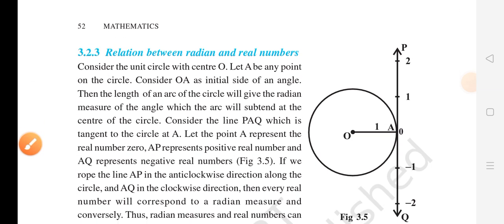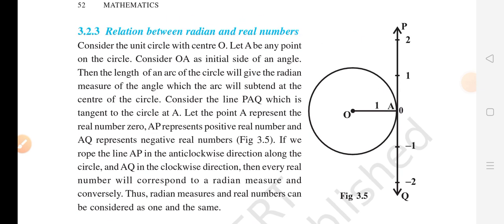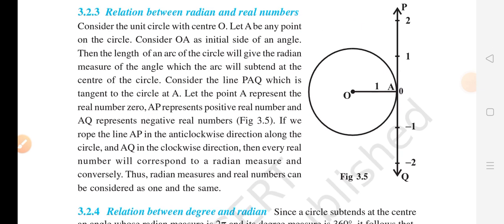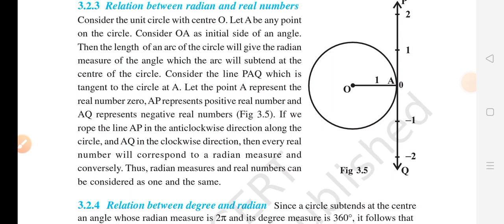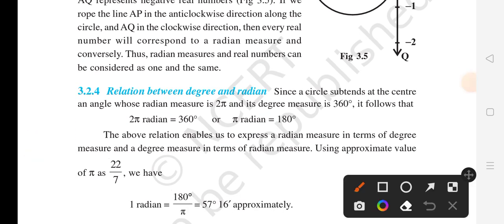Now we will understand the relation between radian and real numbers, and the relation between degree and radian. What is the relation between degree and radian? Since a circle subtends at the center an angle whose radian measure is 2 pi and whose degree measure is 360, 2 pi radian equals 360 degree.